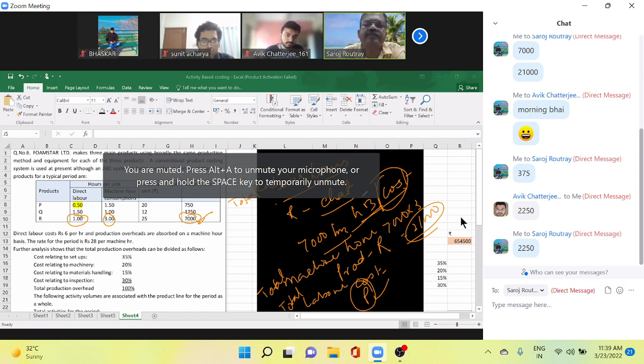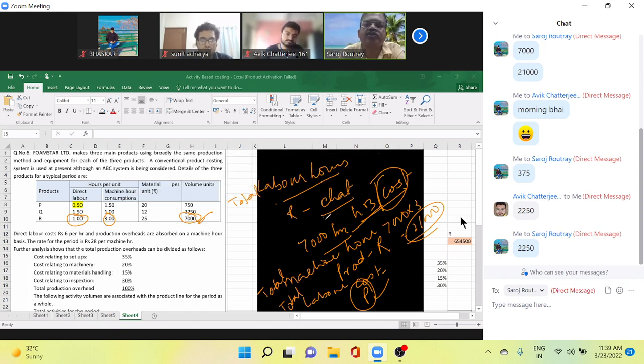Shriya is correct. Gautami, labor cost for product P. Total labor cost for product P. Check it once again. Tini, not correct. Labor cost.